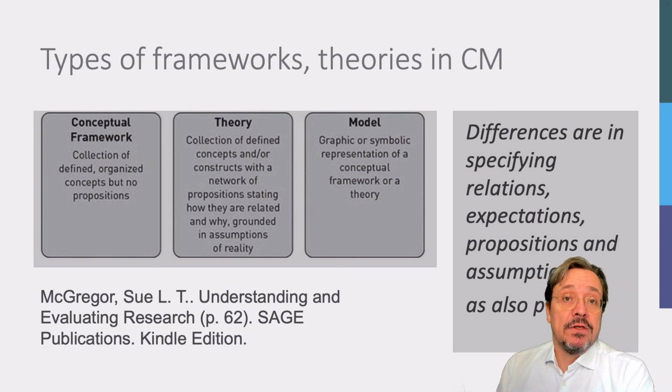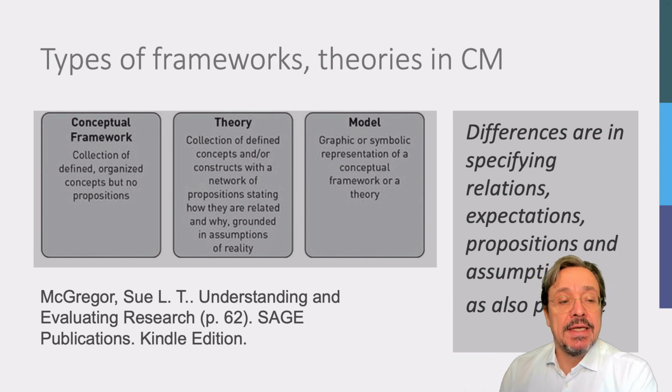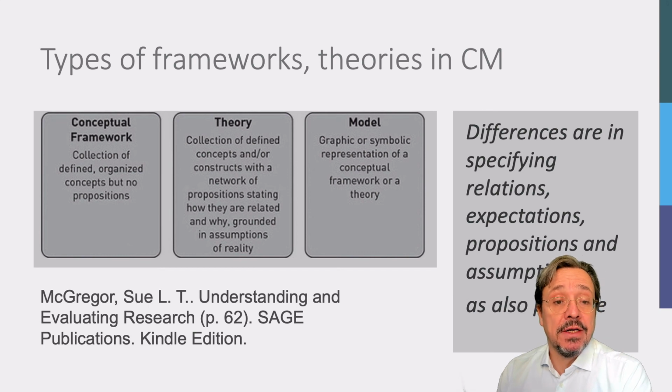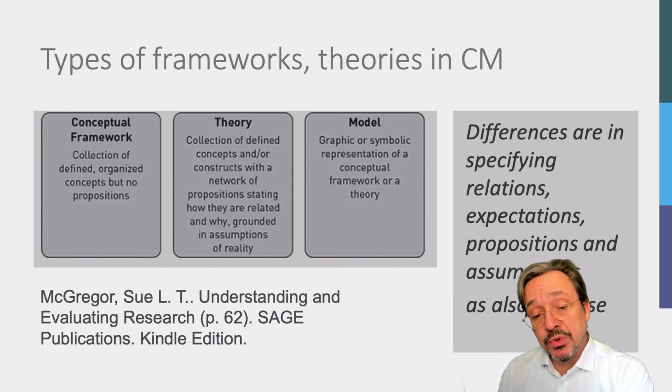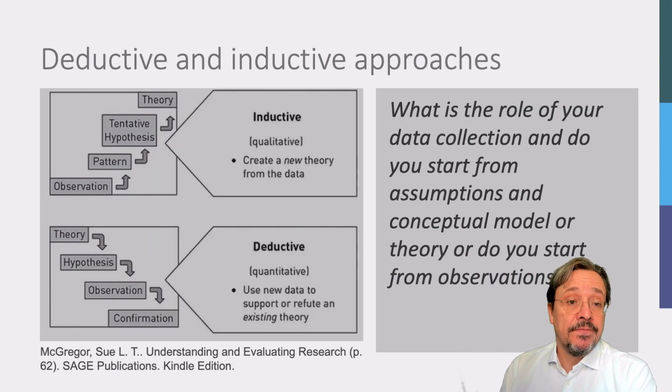And a model is often used also to structure your research at the beginning and report it at the outcome, and of course you relate to your conceptual framework and to your theory. So the main differences are in specifying relations, expectations, propositions, and assumptions.